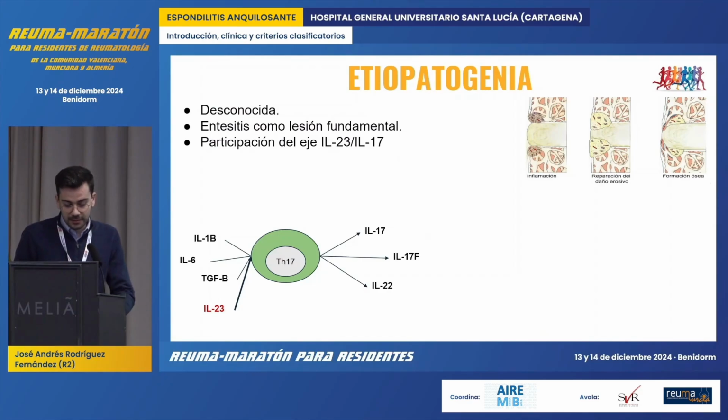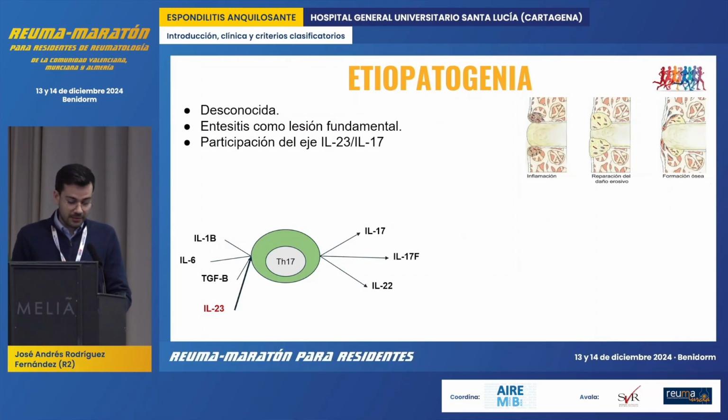There are several genetic components, such as IL-23 and IL-17, and a significant involvement of Th17 lymphocytes. These lymphocytes normally play a role in defense against bacteria and fungi.